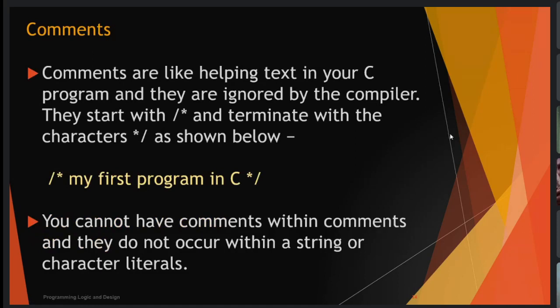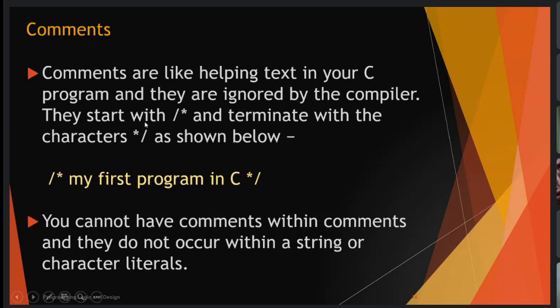Comments, what are comments? Comments are like helping text in your C program, and they are ignored by the compiler. That means when you add comments, the compiler will not read them. So why do we need to add comments to our program if the compiler won't read them?